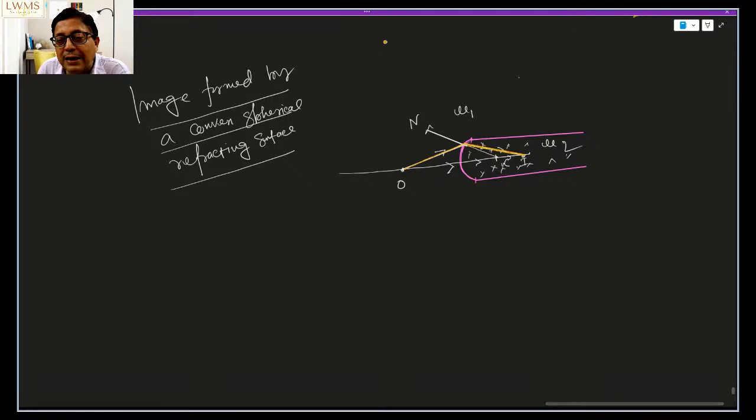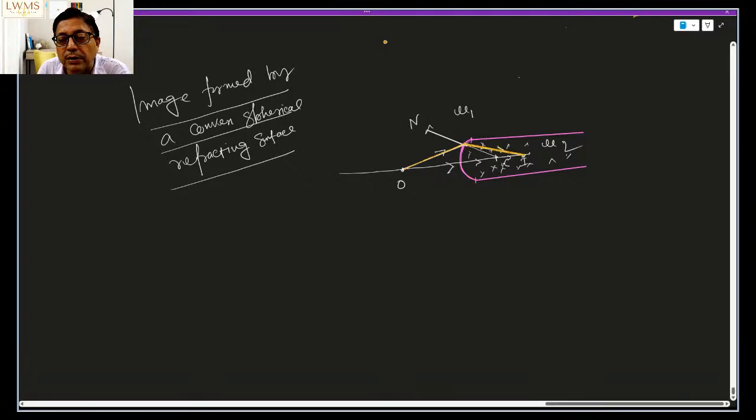From here, once more a light ray is incident. It suffers refraction. You give the arrow. Then this point O, we have taken as the object, and this is going to be the image.